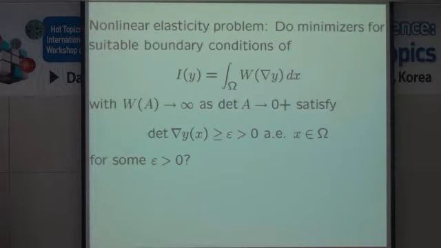And for this nonlinear elasticity problem, I regret to say that that's much more difficult. We don't even know how to do the liquid crystal one in all its generality. But why is this one more difficult?